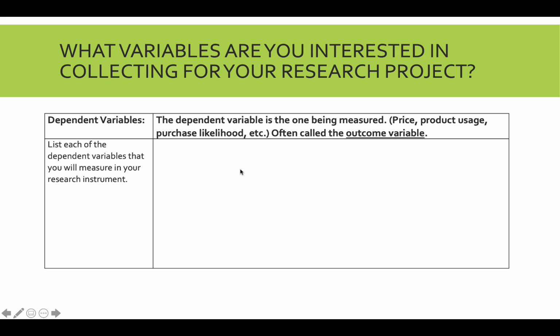So my dependent variables are the variables in the construct of brand love, like I'm excited, I'm passionate, I'm loyal. Those are the things I'm going to measure: how passionate I am, how loyal I am, how excited I am. That is the outcome variable.